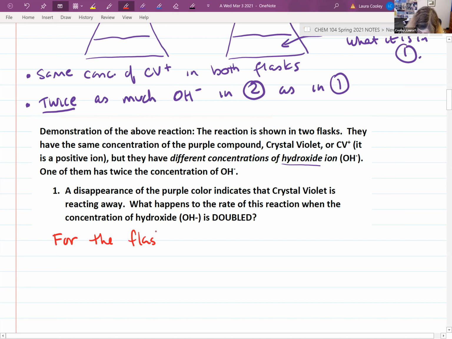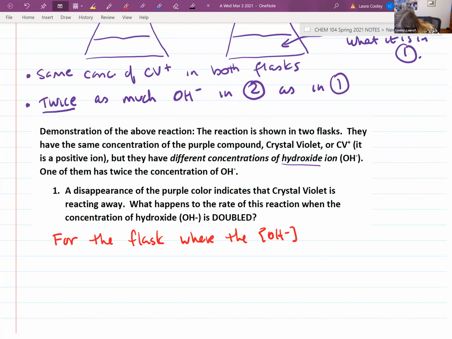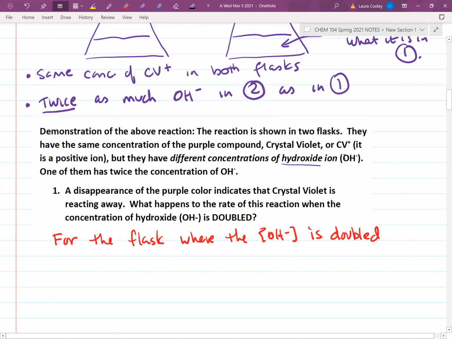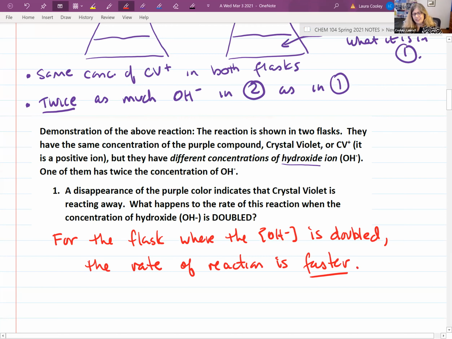So for the flask where the hydroxide concentration is doubled, what happens to the rate? It's faster, it increases. Exactly. Very simple answer there.